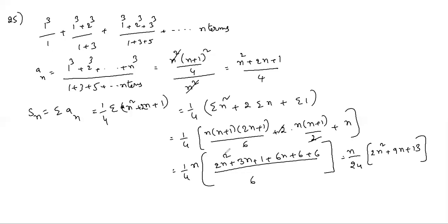Next, question 26. We will simplify both numerator and denominator. The numerator is 1 into 2 square plus 2 into 3 square plus 3 into 4 square and so on up to n into (n plus 1) whole square.